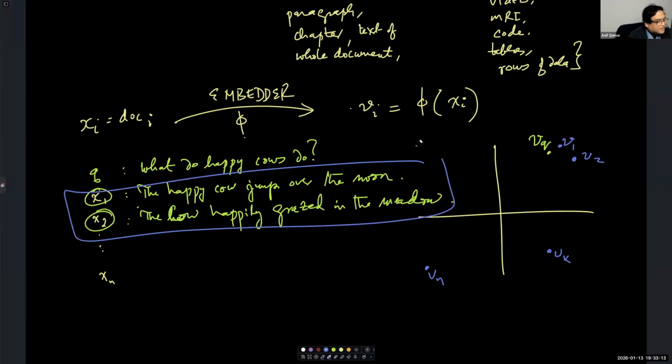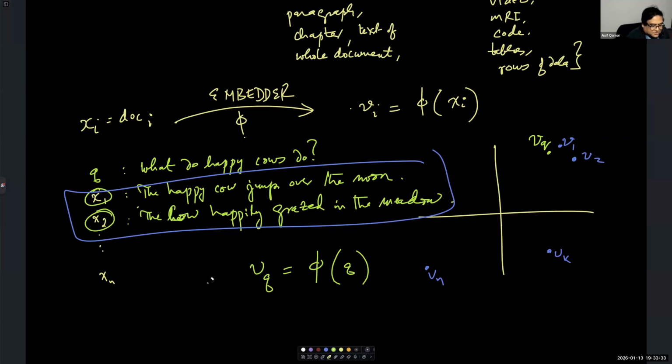The journey is convert the query. So what will you do? The query needs to first become VQ. VQ also goes to the same embedder, isn't it?